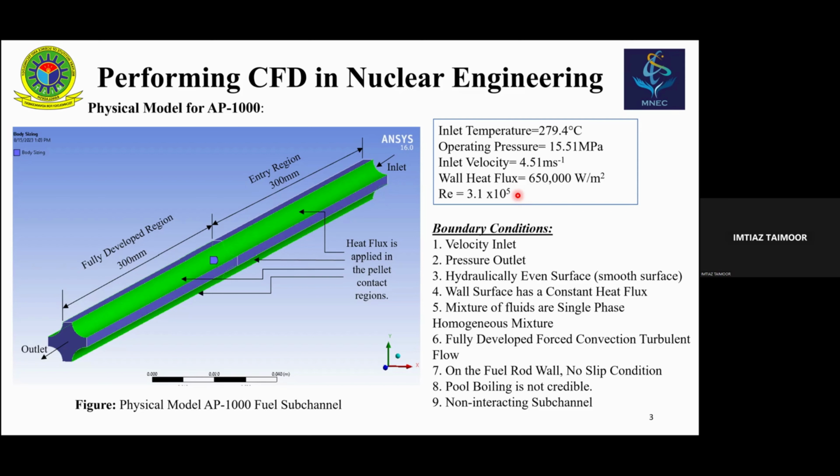So you cannot maintain a laminar flow within the fuel subchannel. And with laminar flow, you cannot increase the heat transfer rate also. So we need a turbulent flow for efficiently removing the heat from the fuel pin, or the heat that is generated from the fuel pellets. Have you got my point?